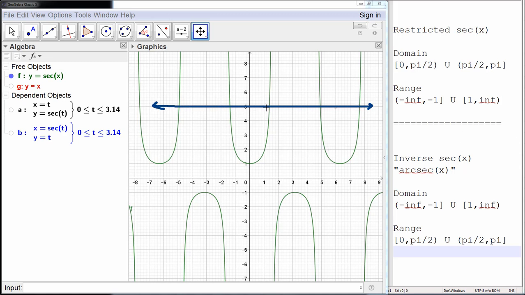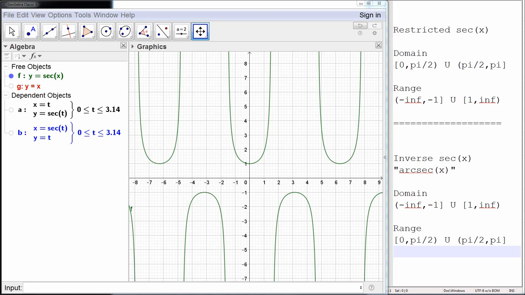This horizontal line touches in multiple places, and anytime that happens, that means your function does not have an inverse function. So the regular secant function does not have an inverse. We've seen this before.